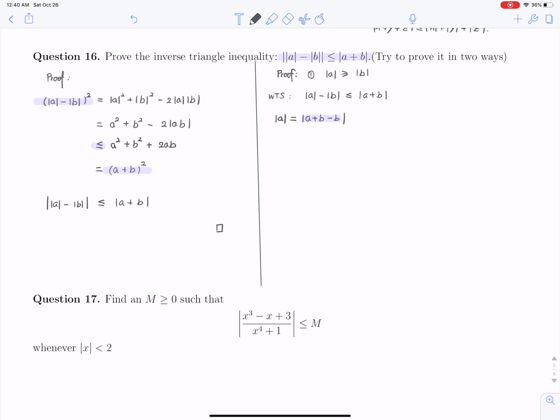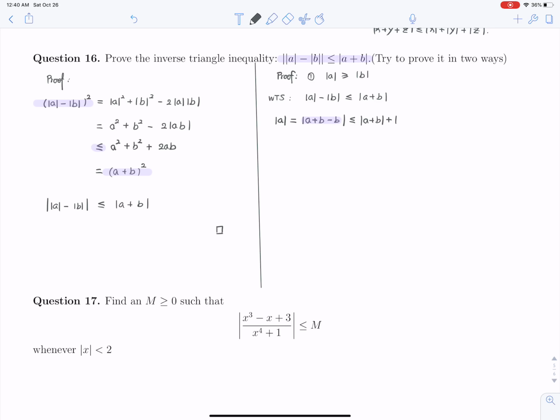By triangle inequality, this will give us the absolute value of A plus B, plus the absolute value of B. Some of you might ask me why it's plus here. Because this is plus minus B. Okay, this is your first term, this is my second term, and that is why this is plus here.